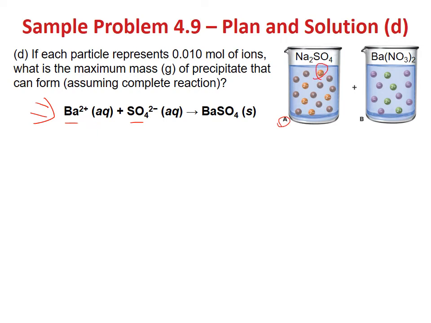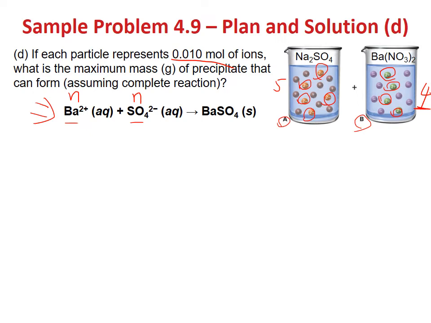So this is 1, 2, 3, 4, 5. There are 5 sulfate particles, and since each particle is 0.01 mole, we can calculate the number of moles of sulfate ions in the solution. Similarly, in B, we find barium. Barium is 2 plus, so 1, 2, 3, 4. So we find 4 particles, and then we can find the number of moles of barium in the solution.